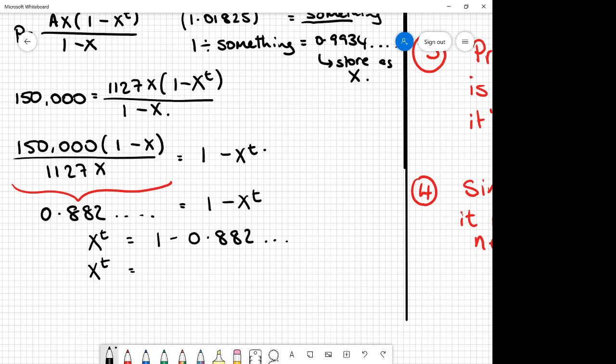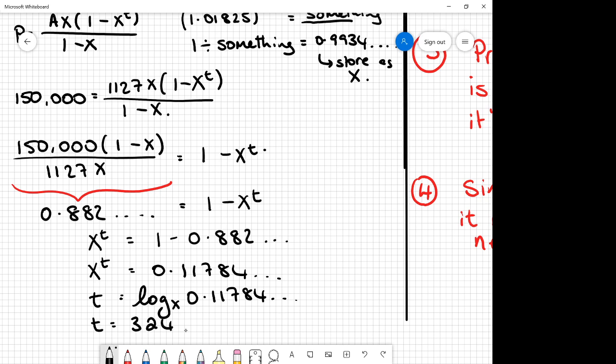You get x to the power of t is equal to 0.11784, and so on. And so t is equal to log to the base x of 0.11784..., which gives us t is equal to 324 months. So I'll pause here for a moment and you can let me know if there's any part of that you'd like clarified.